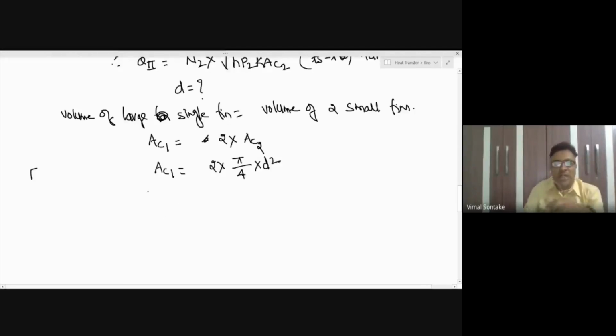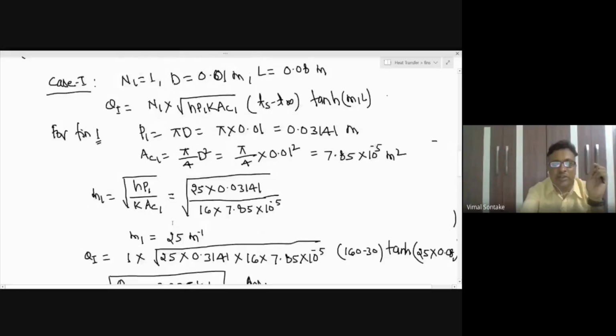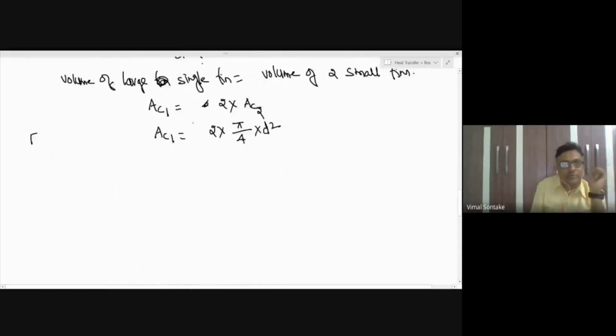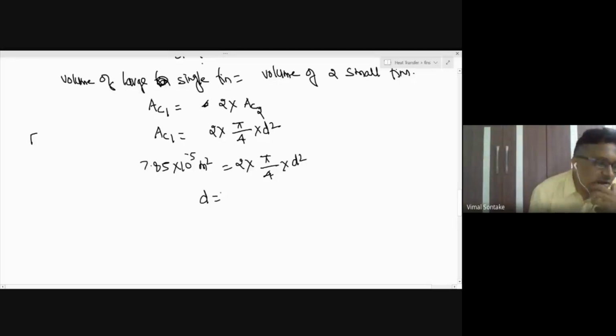Ac1 value, I have this, that is cross sectional area of larger fin, 7.85 into 10 to power minus 5 meter square, equals twice into pi by 4 into d square. From here, calculate the value of small d.